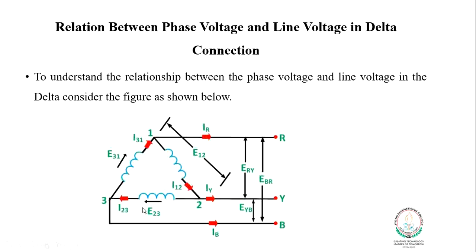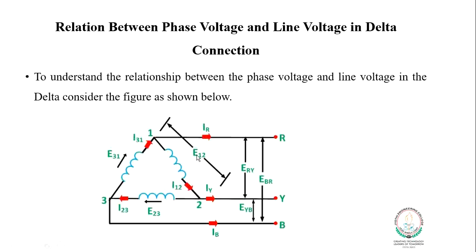Similarly, the voltage across 2 and 3, that is E23, and the voltage across terminals 3 and 1, that is E31, are phase voltages. So here E12, E23 and E31 are the phase voltages, and ERY, EYB and EBR are the line voltages.